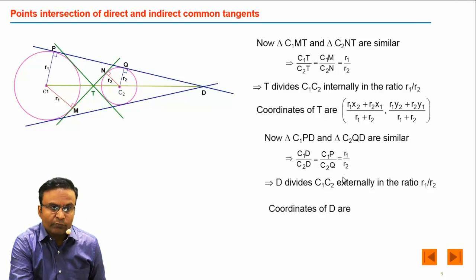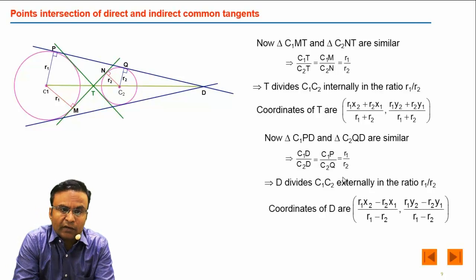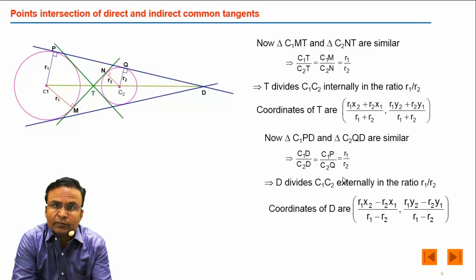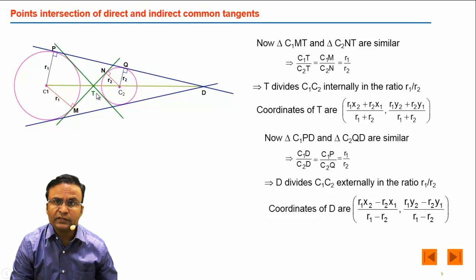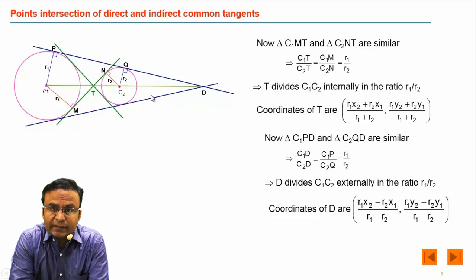The coordinates of point D are (R1x2 minus R2x1) upon (R1 minus R2). Similarly, we have the y coordinate. We know that when we have the external section formula, we put a minus sign. So we got the coordinates of points T and D where the common tangents intersect. When we need to find the equation of these common tangents, these points of intersection are required.